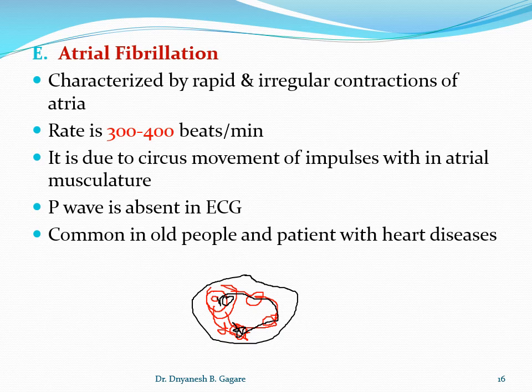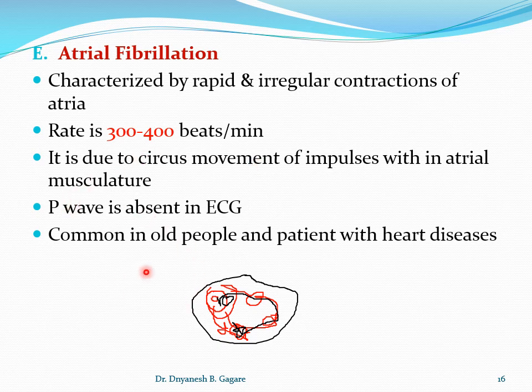So there is no effective contraction of atria, and only irregular contraction and relaxation occurs, and it is with the rate of 300 to 400 beats. Okay, so there is no effective pumping from atria to the ventricle.